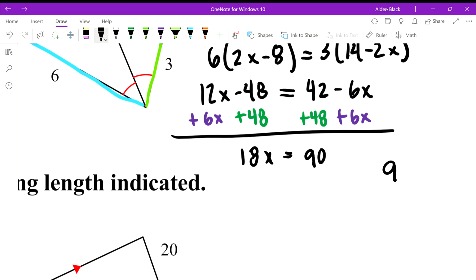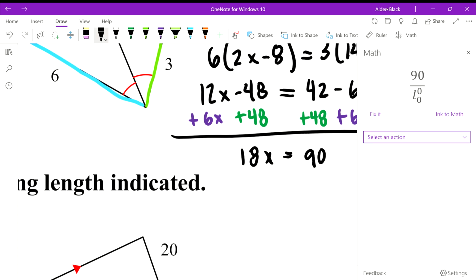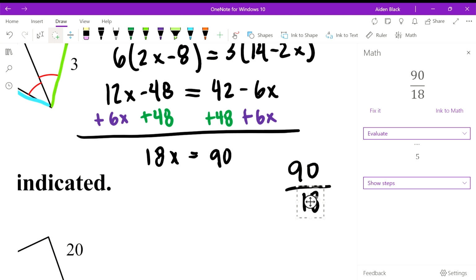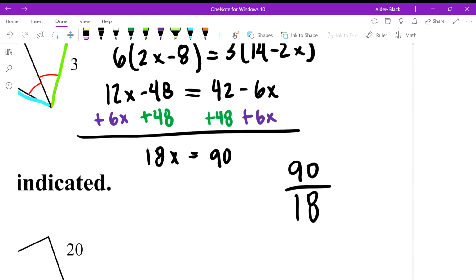So 90 divided by 18 is 5. Cool, I should have done that in my head. So x equals 5.